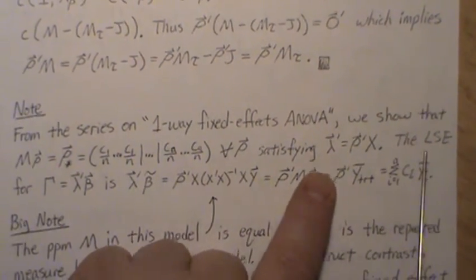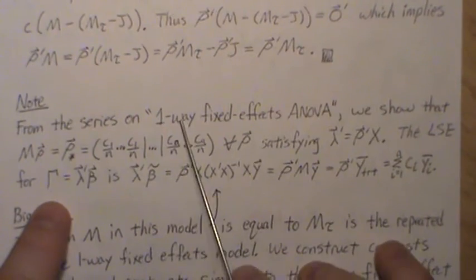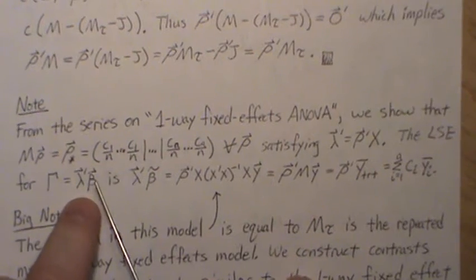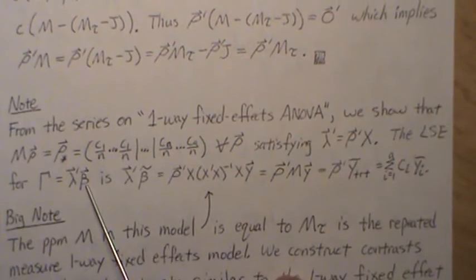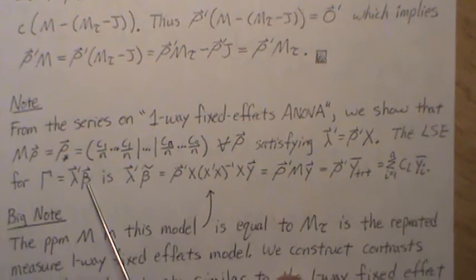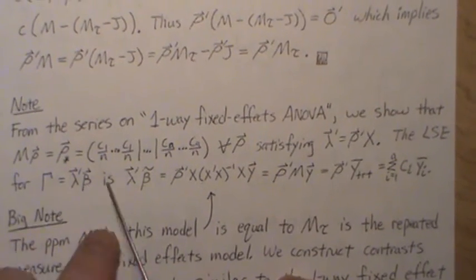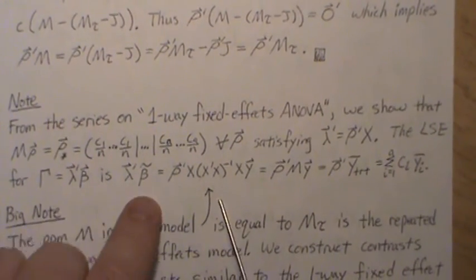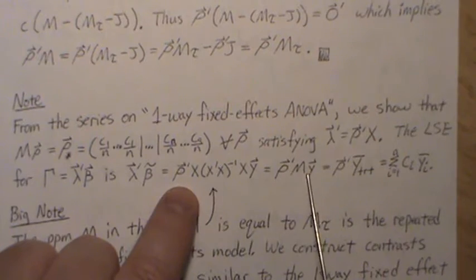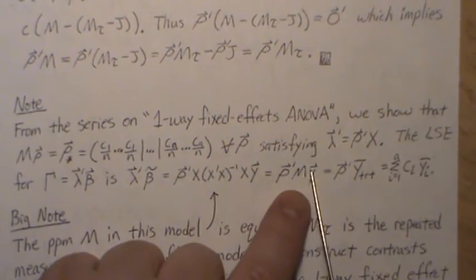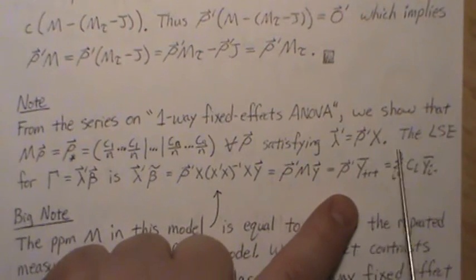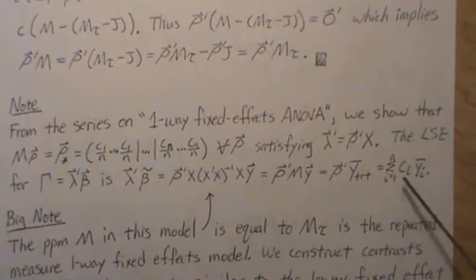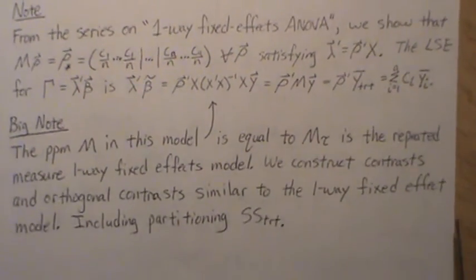Satisfying this. So the least squares estimate, remember in this video, is this. So it's gamma, which is lambda prime beta. And now remember, this beta only had the mu and then the tau 1 through tau A, right? So then the least squares estimate is this. And then M times Y, this is M, but then this created the treatment mean, and then this created the sum of the C_i times Y_i. Okay, so this is the big note.